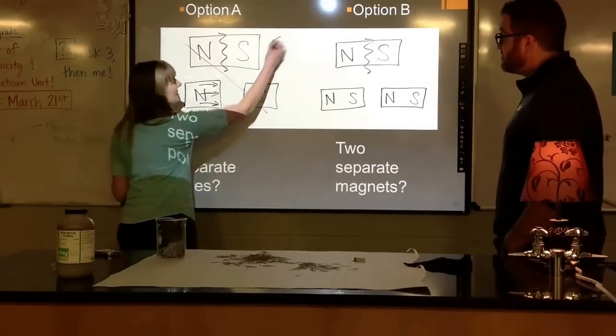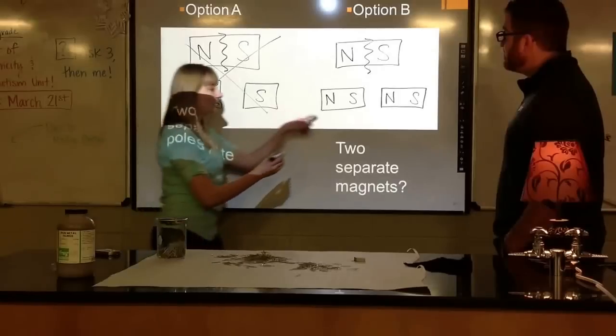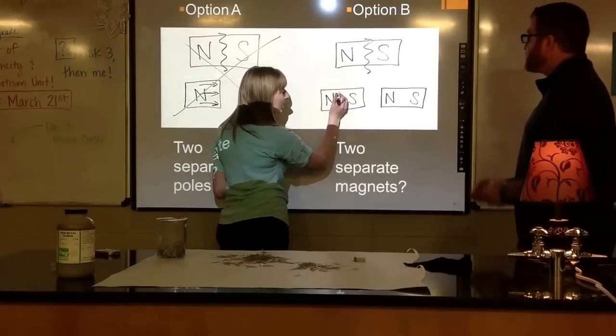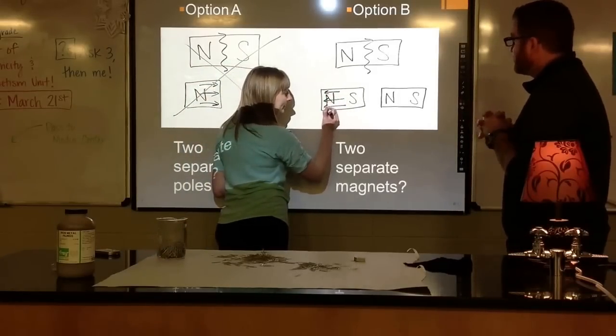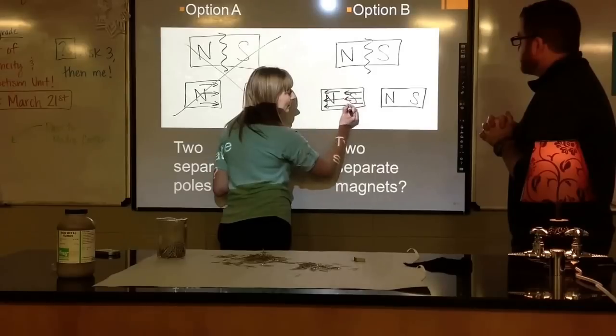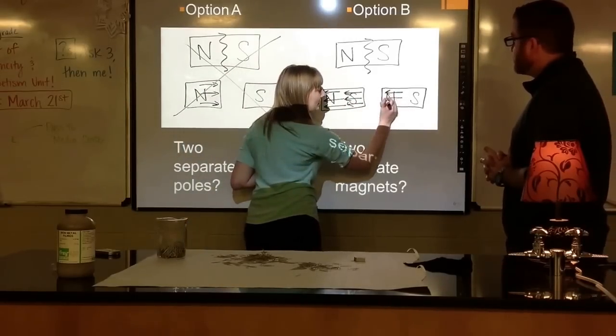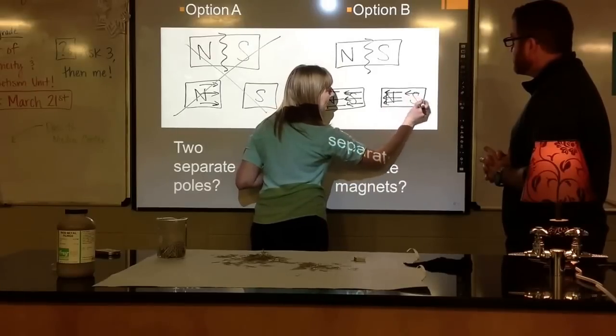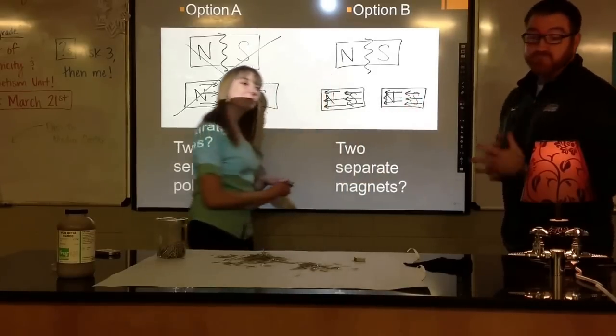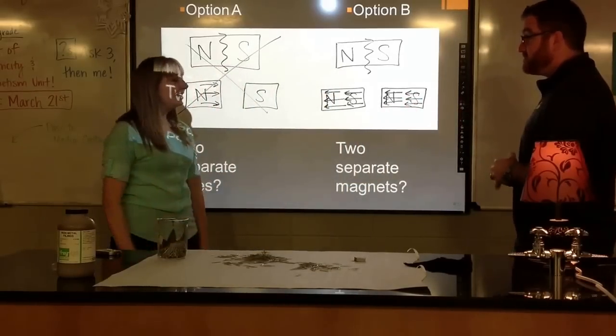So the other option is not correct. We have all of those domains lined up, and we're just going to end up with two separate magnets. Makes sense to me. Excellent.